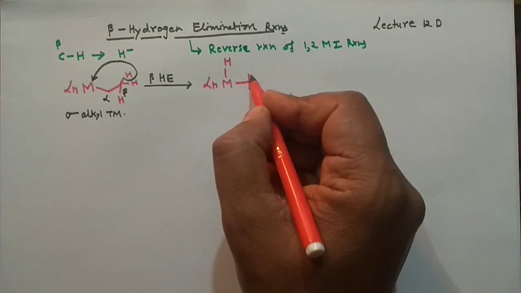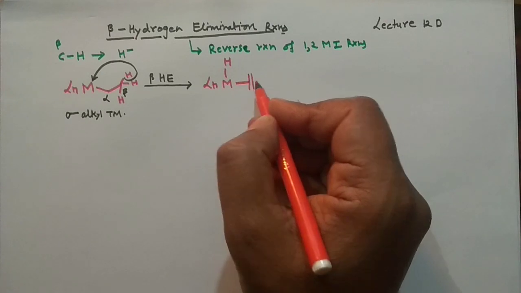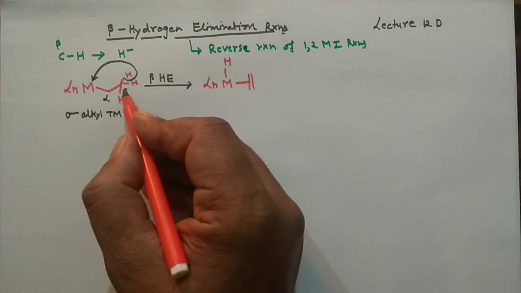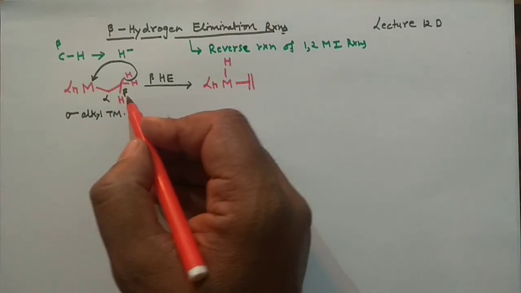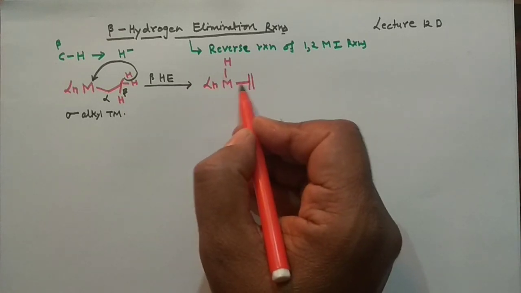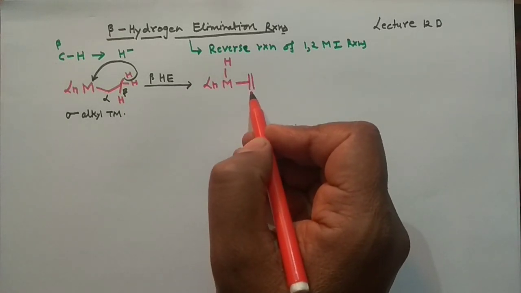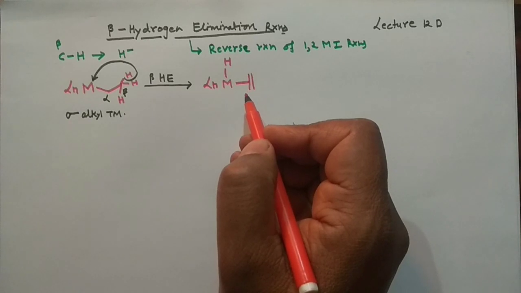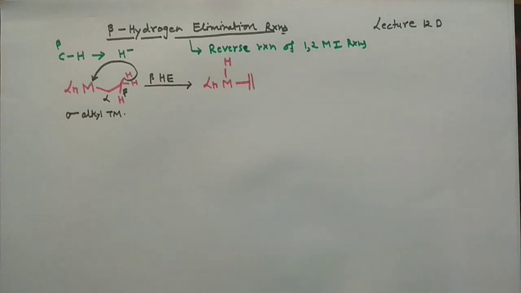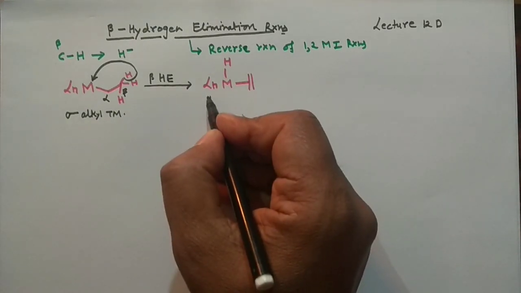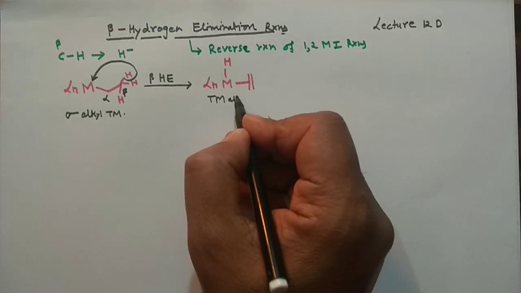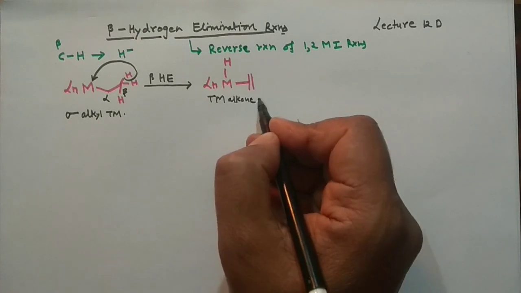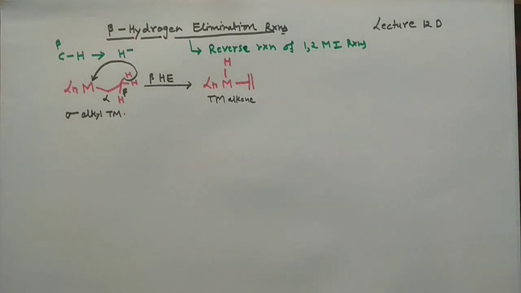So to satisfy all four valencies of the carbon, we will have to make the double bond around these two carbon atoms, and the metal will link with both the carbon atoms present in the alkyl group, so the hapticity also changes. So this is the transition metal alkene complex.